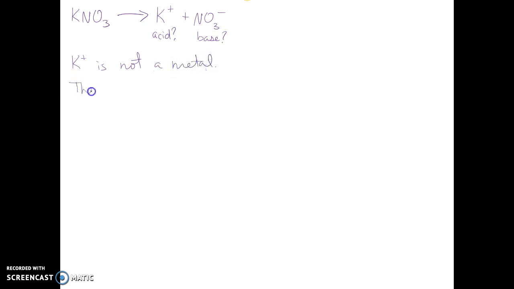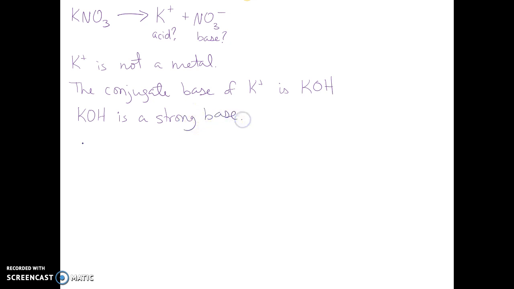The conjugate base of potassium is potassium hydroxide, KOH. We have memorized our list of strong acids and bases, so we know that KOH is a strong base. Therefore, K+ is neutral.